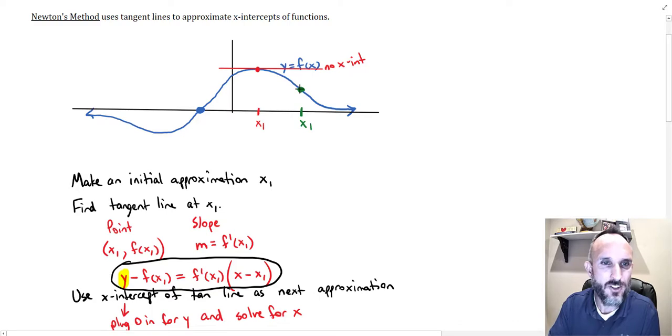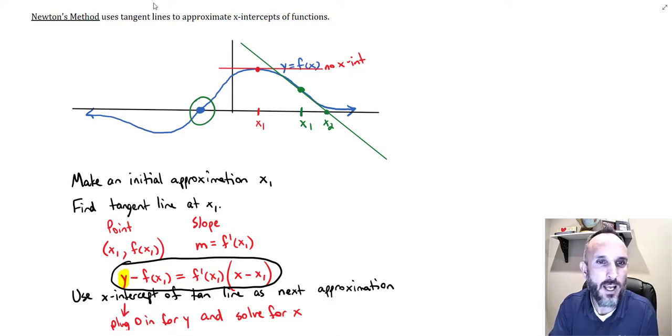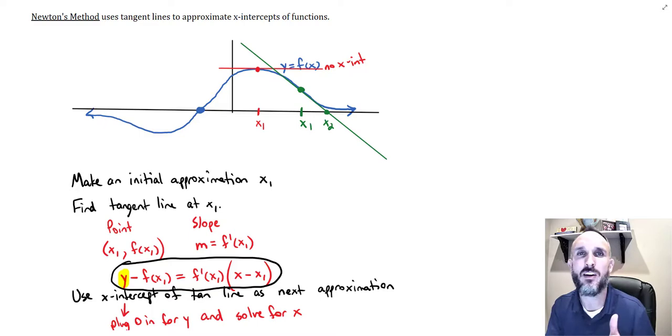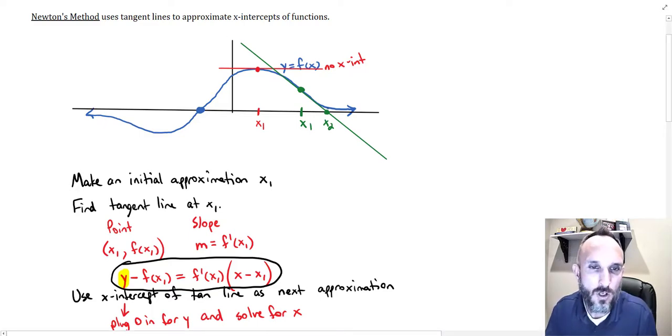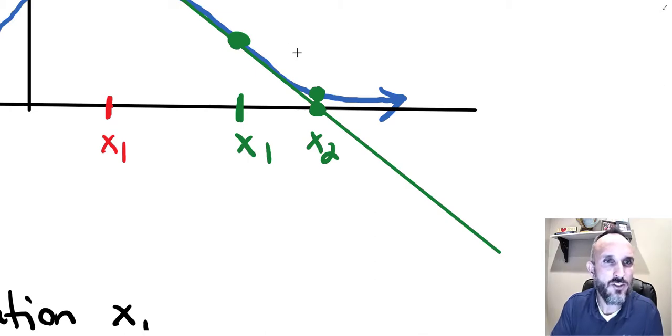Okay. Let's look at what happens if we make this our initial approximation. Well, the tangent line here, I'll try to draw it, looks something like this. And so then x sub 2 would be right here. And you can see that x sub 2 is further away from the x-intercept than x sub 1 was. But what happens if you apply the process again? Because maybe just that first iteration was bad. Well, then we locate the point on the curve again, which is right here. I'll try to zoom in if I can. Okay. And then I draw a new tangent line to the curve at that point.